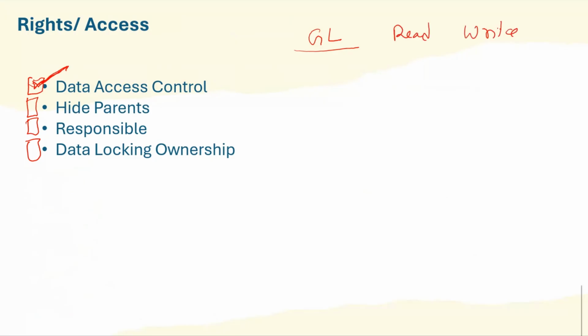What will this property do? You have general ledger 1, general ledger 2, 3, 4, 5, 6, and so on. So you have a long list of general ledgers, but you don't want all general ledgers to be read by everyone when they access the report. So you can enable this option, data access control, and in the read section you only define the team that wants access to a particular GL account.